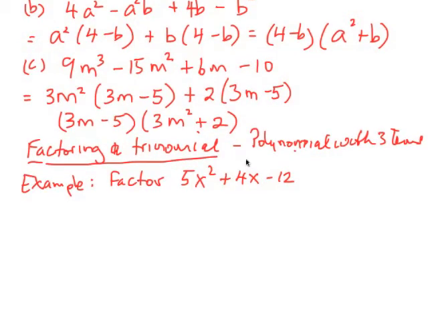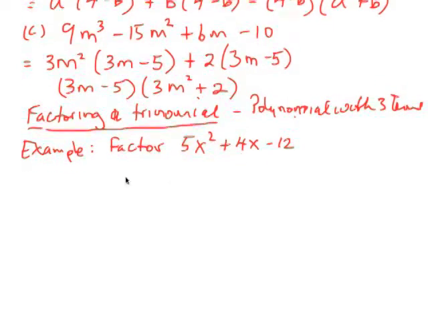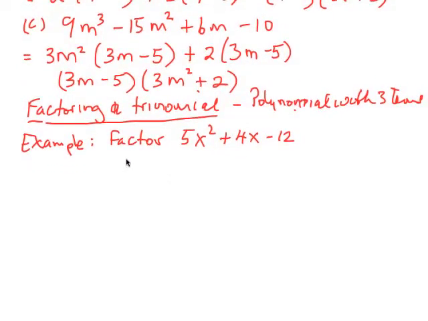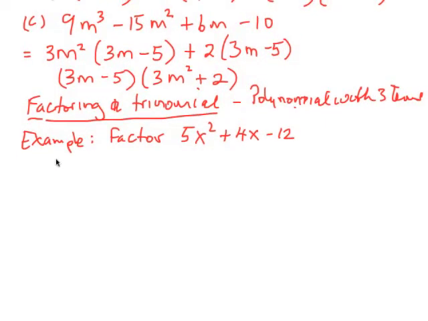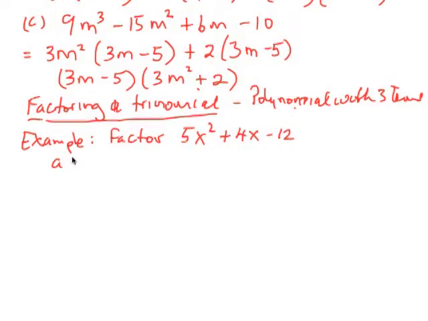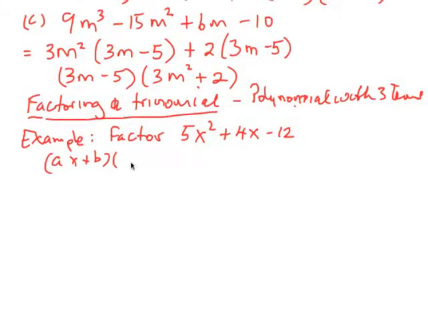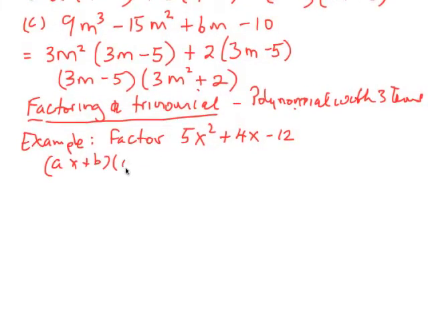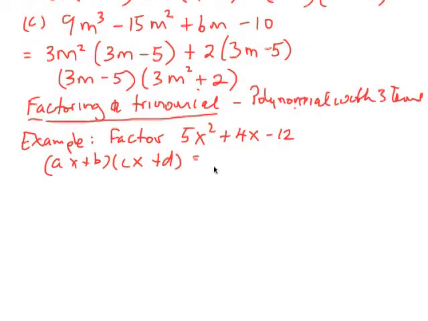Alright, so there's a couple of things to keep in mind here. Remember that if we're to get this thing factored, then it would have had to be FOILed. So we would have had something like ax plus b by cx plus d. And when we FOILed this, what would happen?